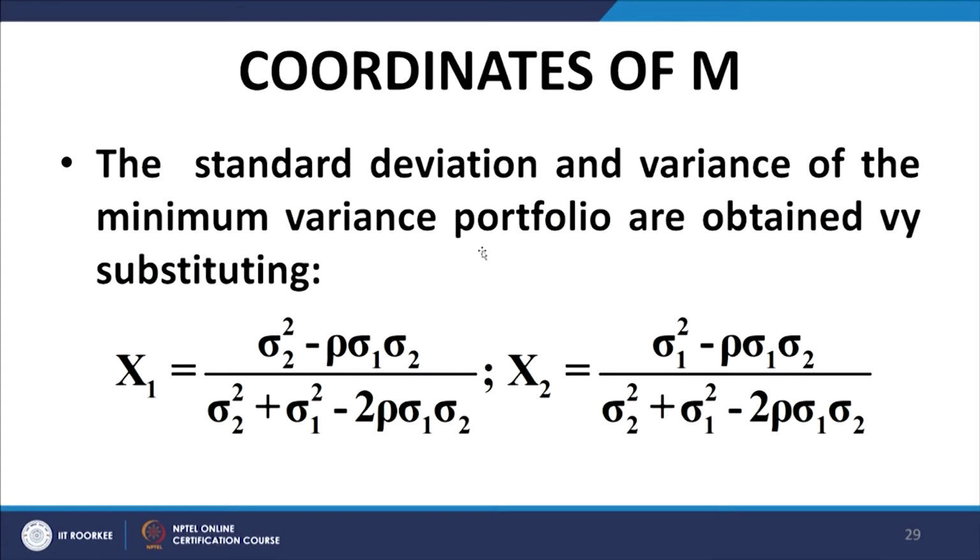What are the coordinates of M? Now, we have got the composition vector of M, the composition of the minimum variance portfolio. Where does the point M lie on the risk return space? That is the next question. Where does this point corresponding to the minimum variance lie in the sigma ER space? That is easy to determine.